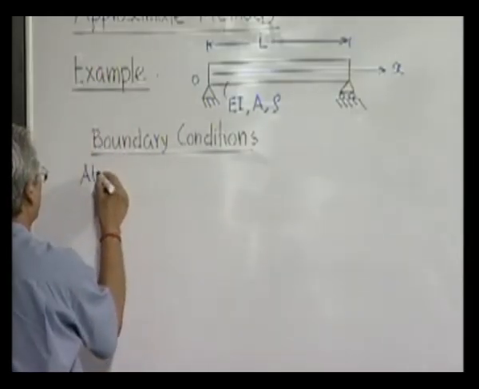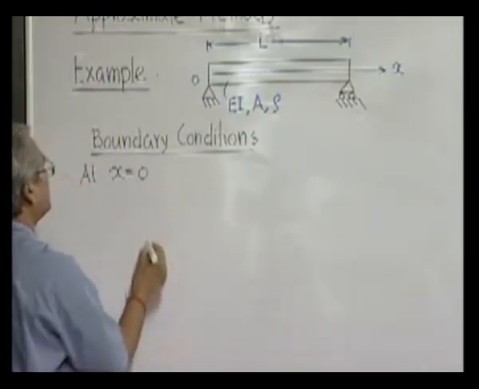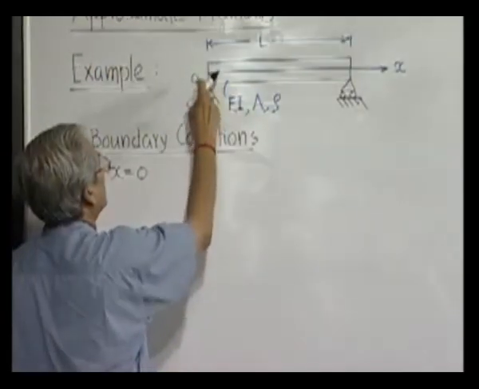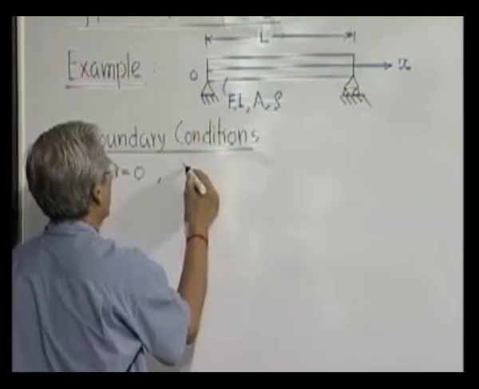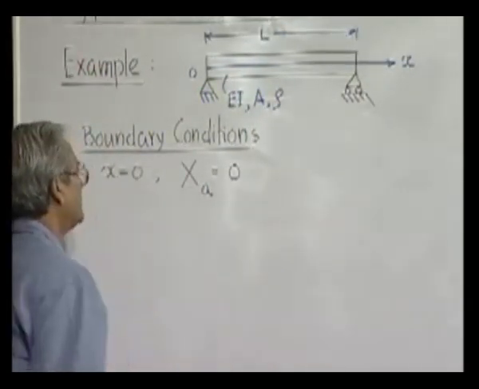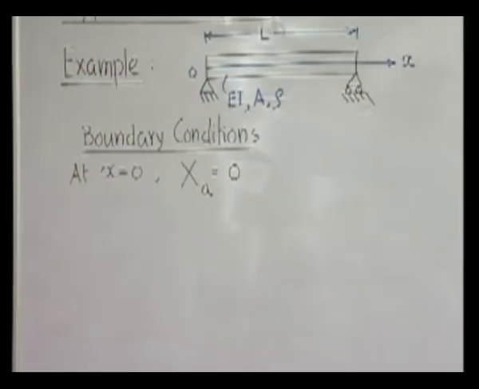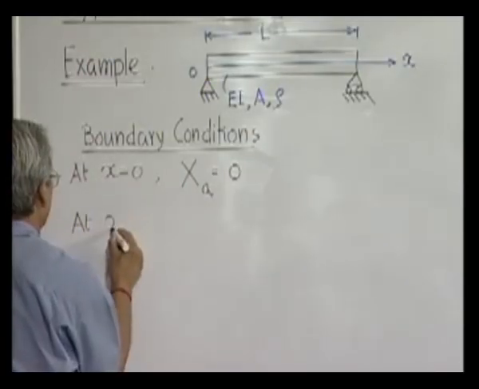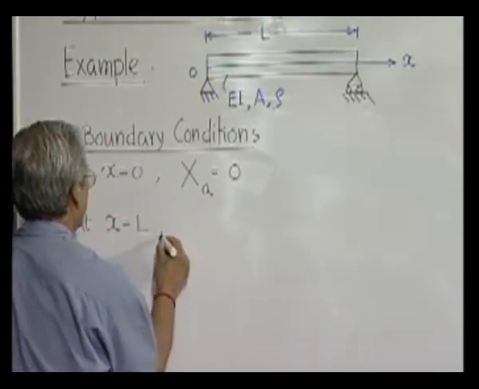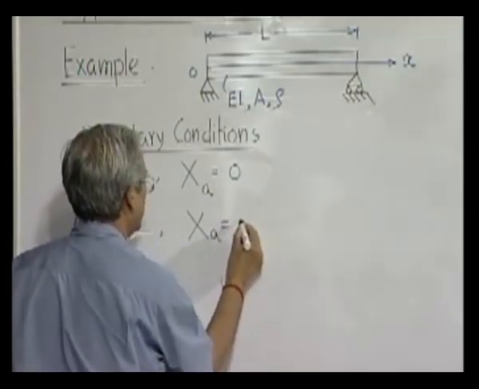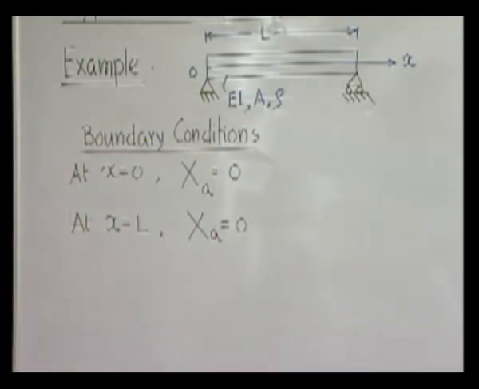At x equal to 0, what we know is the deformation or displacement is 0. Similarly, at x equal to L, again at the other end, displacement is 0. These are the boundary conditions of geometric nature.